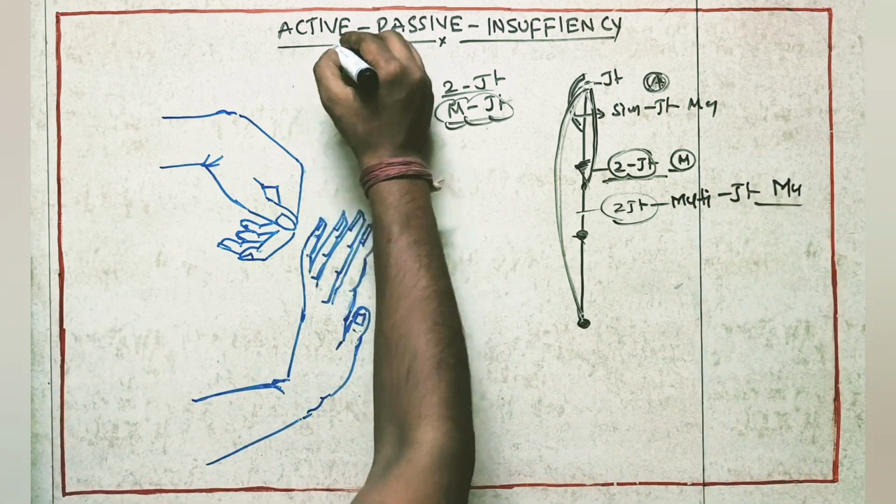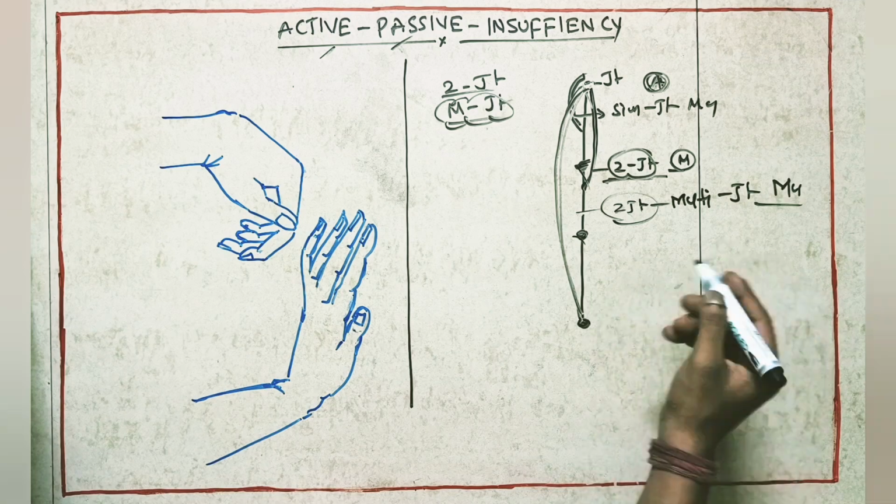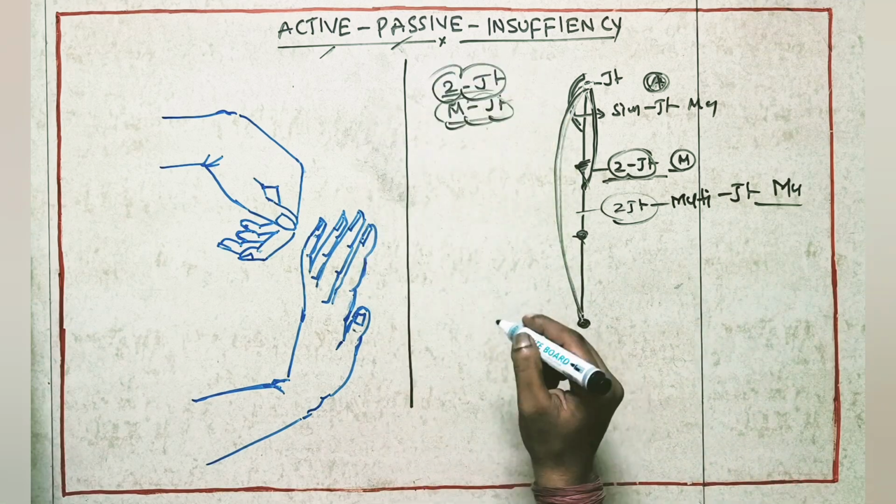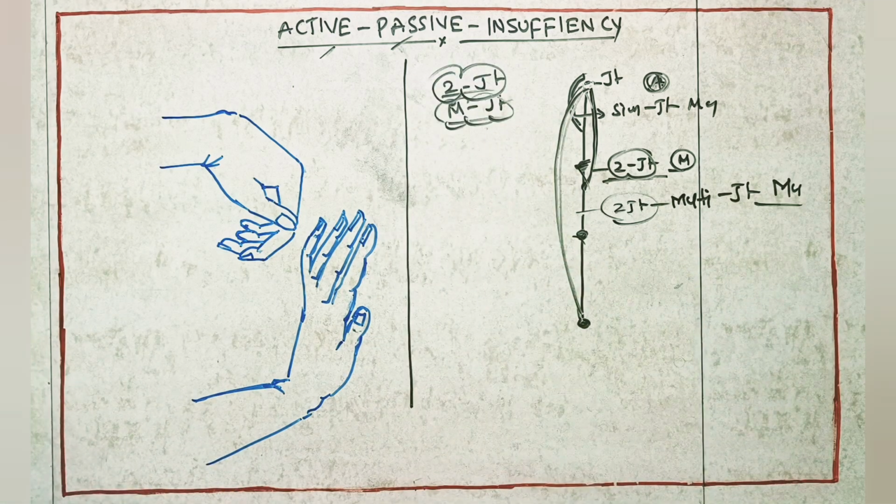Now, active and passive insufficiency happen in two-joint muscles.